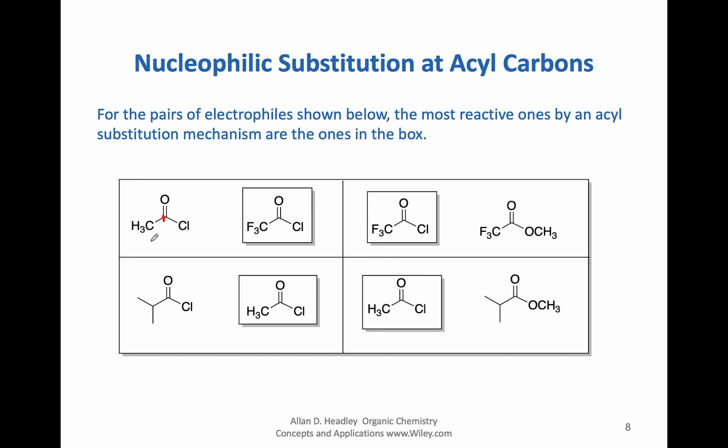So consider this compound and this one. Again, do the observation. They both have Cl as the leaving group, so that's common. But now this one has CH3 and this has CF3, more electronegative. So therefore this carbon here is more electrophilic than this carbon here, making this molecule more reactive. Let's look at this one.